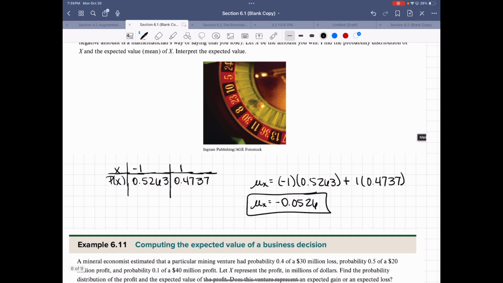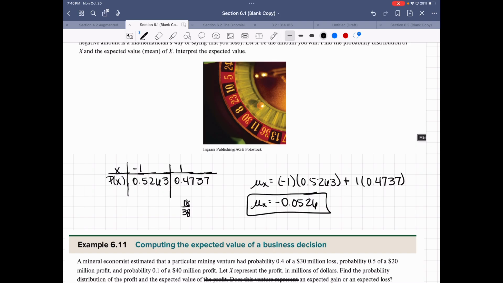So you have an 18 out of 38 chance of landing on a red and gaining $1 back, right? Of winning $1. You get your $1 back and you win $1. Okay? Is 18 out of 38, 0.4737.